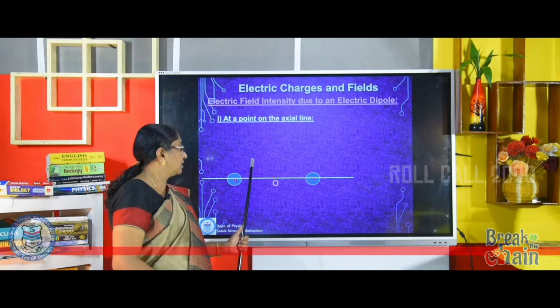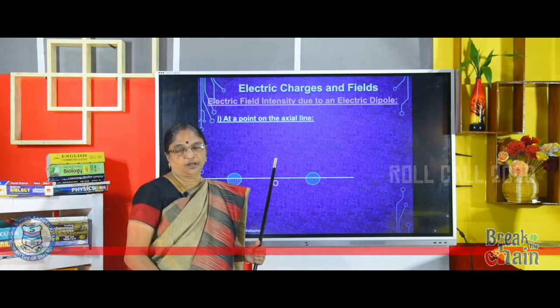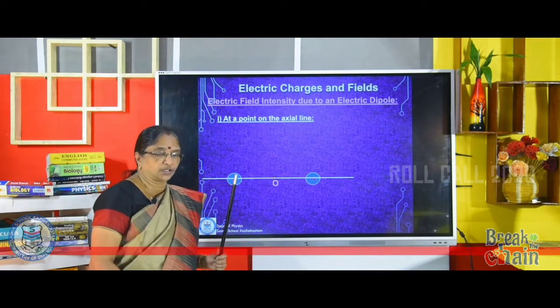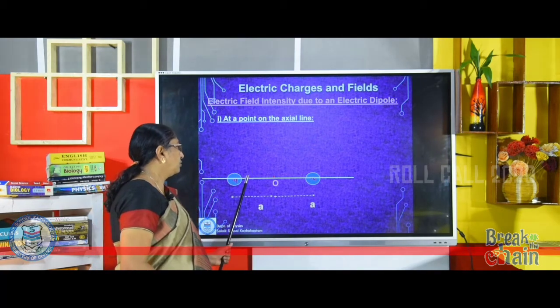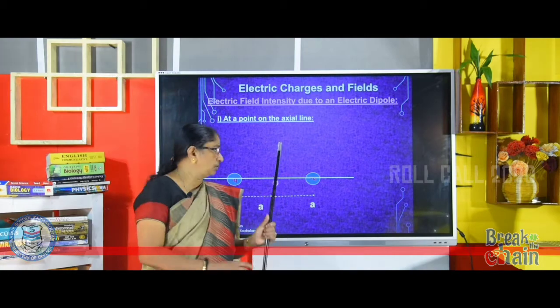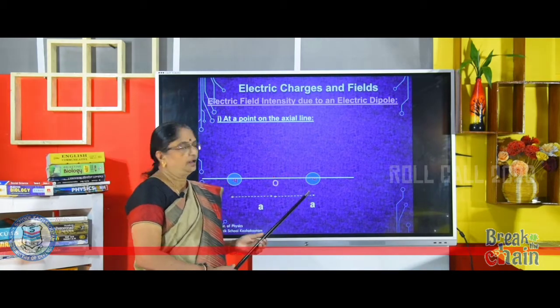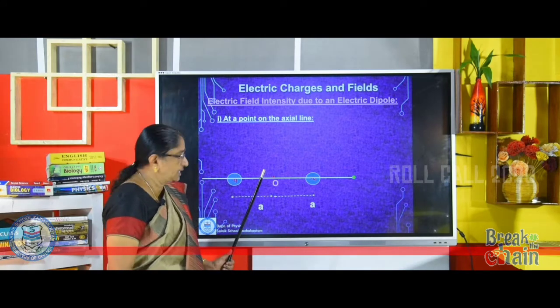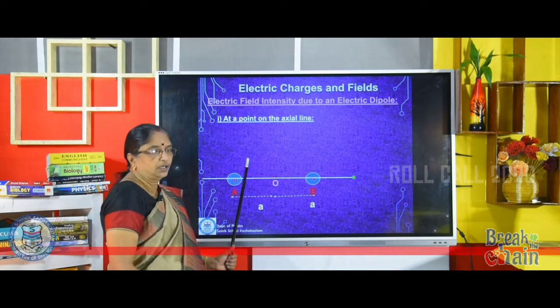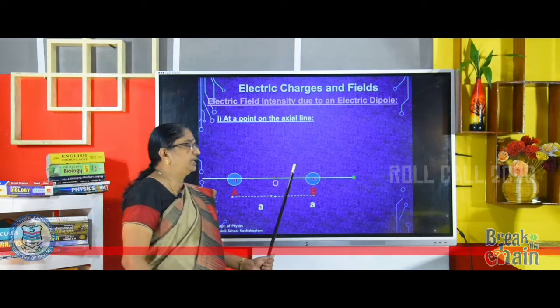Let O be the center of the dipole. The distance between the two charges is named 2a. So O to minus q and O to plus q will be a each. This is the axial point, and let the charges be named A and B. A is minus q and B is plus q.